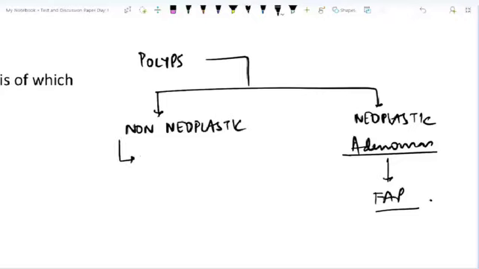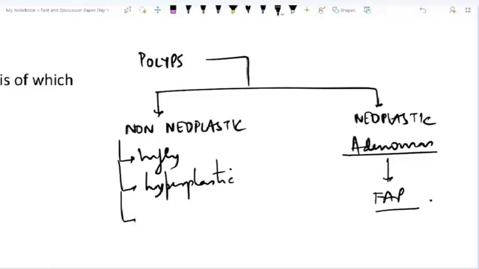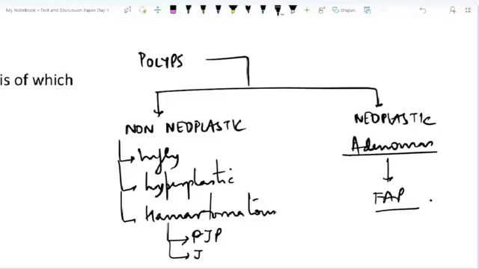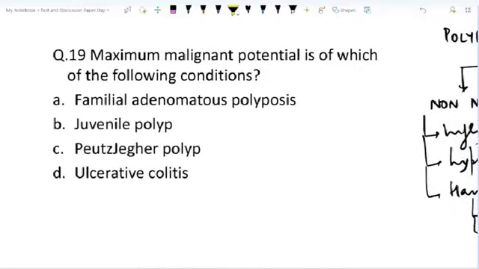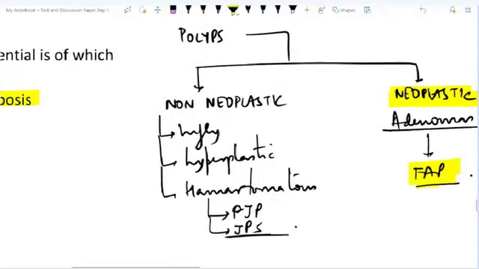Under non-neoplastic, you have inflammatory, hyperplastic, and hamartomatous, and it is under this hamartomatous that you have Peutz-Jeghers polyps and juvenile polyposis syndrome. Comparatively, neoplastic polyps should have the highest malignant potential. So here the best answer is familial adenomatous polyposis for the simple reason of this classification.